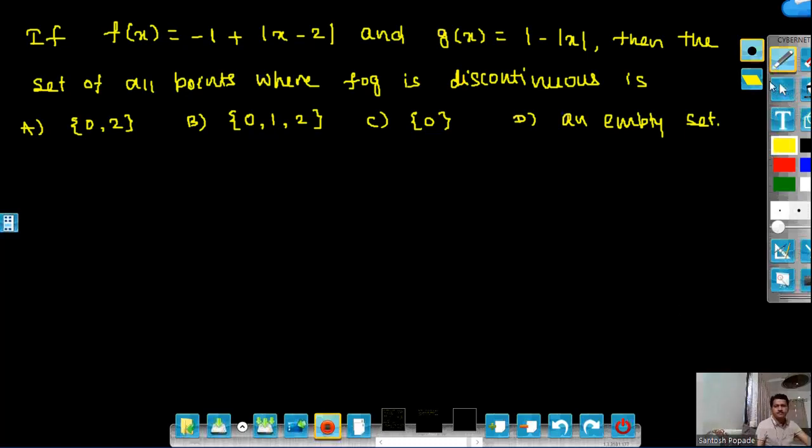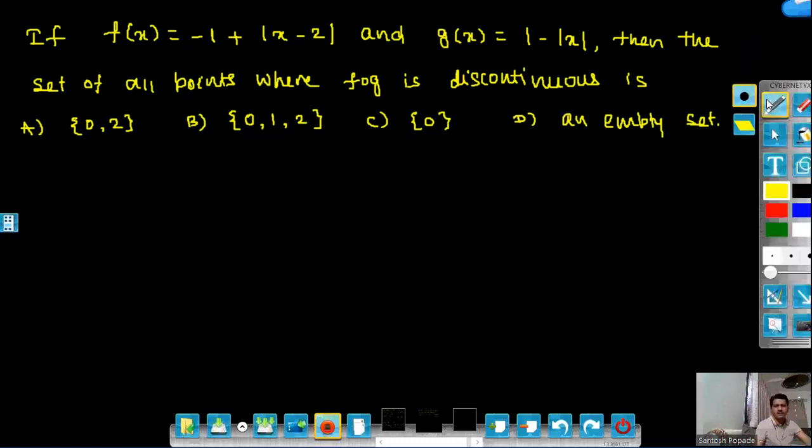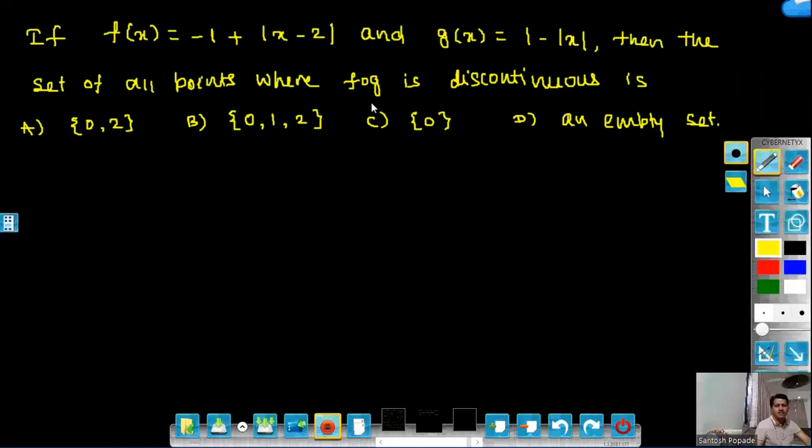Okay, so see now the composite first. We know f o g of x is nothing but f of g of x. So by using the concepts from functions, we will find the f o g. Okay, we only have to find the points of discontinuity.